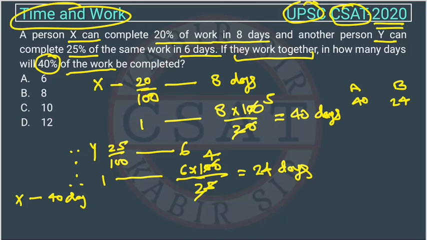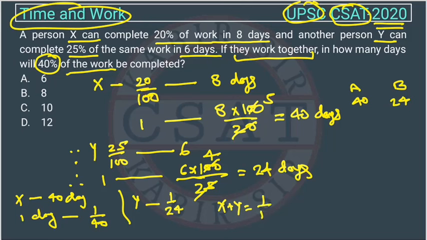So in one day the work will be how much? One day work will be 1 by 40. Similarly, Y's one day work will be 1 by 24. If they both work together, X plus Y, then their one day work will be how much? 1 upon 40 plus 1 upon 24, right? So in this way you can do.